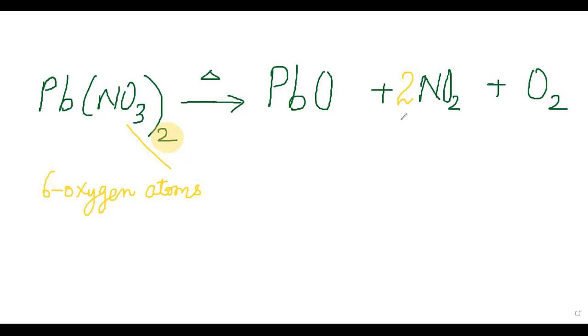So this is 4 oxygen, this is 1 oxygen, and this is 2 oxygen. Total it is 7.